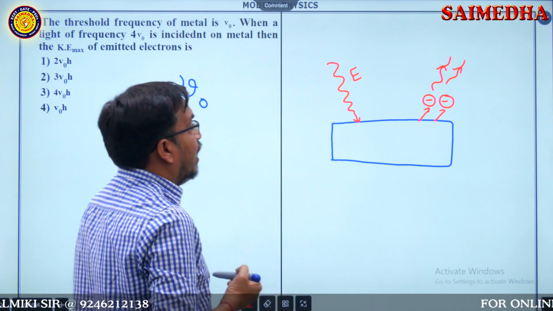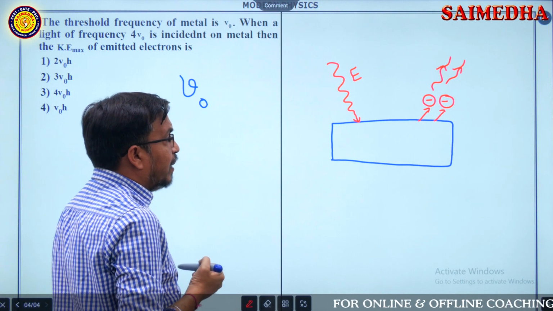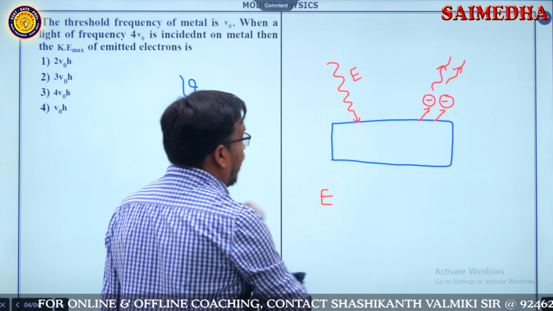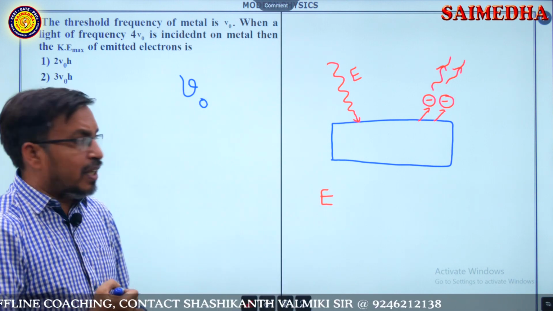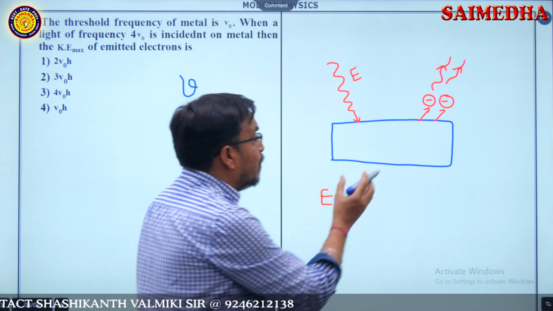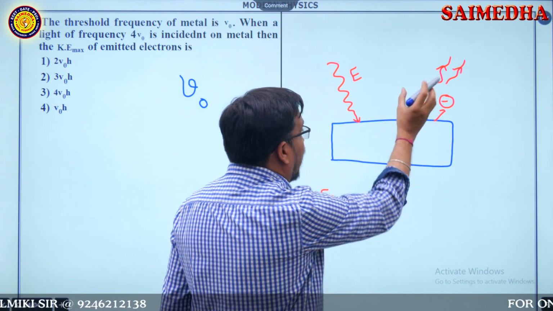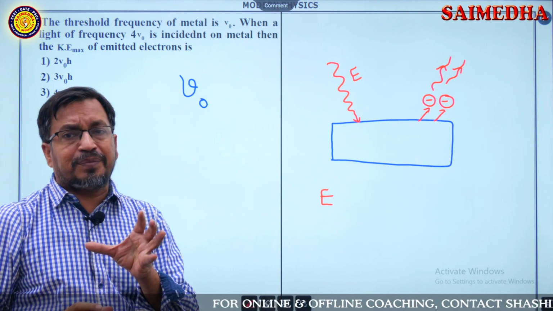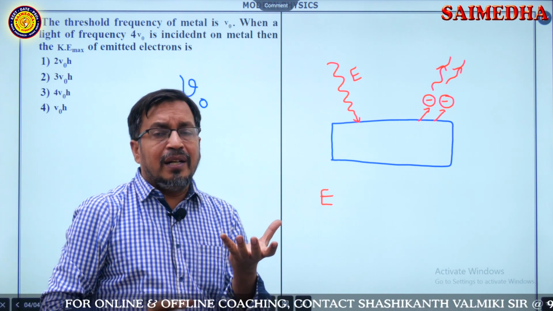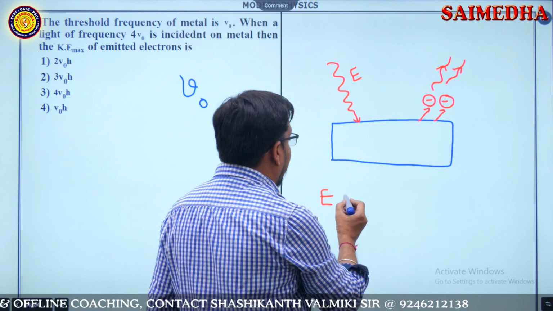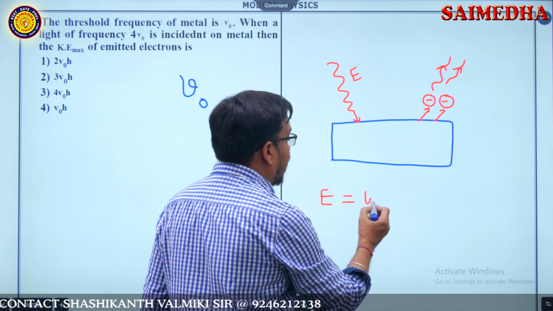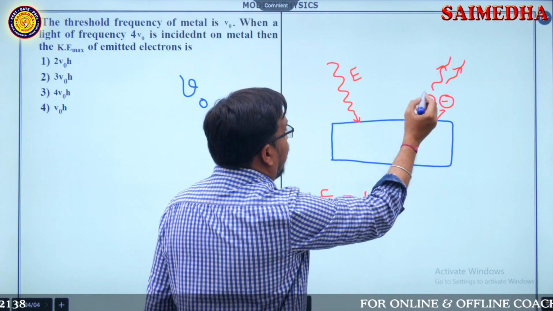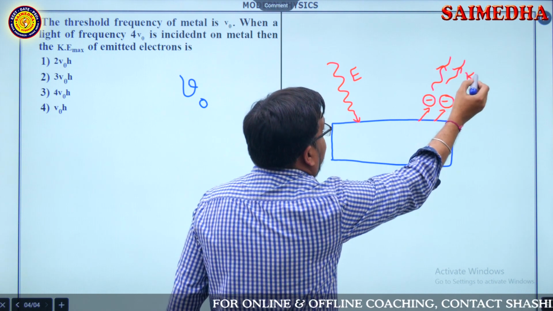So, here E, the energy of the photon, the energy of incident light, equals some energy required to emit the electrons. That energy I am considering the minimum energy. What is the minimum energy? That is the work function. So I am writing E equals W, the work function, plus the remaining energy, which is given to the emitted electrons to obtain kinetic energy.